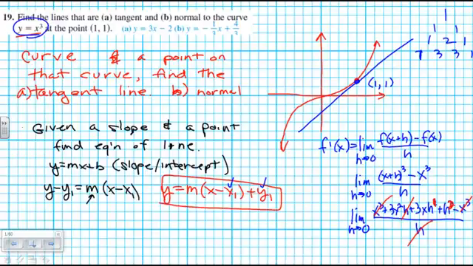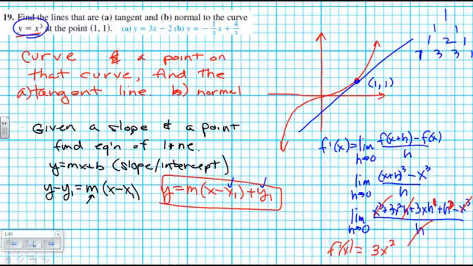Now I've got the limit as h approaches 0 of 3x squared plus 3xh plus h squared. What happens when h goes to 0? Everything that has an h in it goes to 0. The only thing that doesn't have an h is the 3x squared. So there we have it. f prime of x is 3x squared.